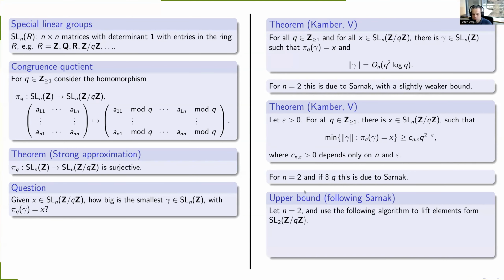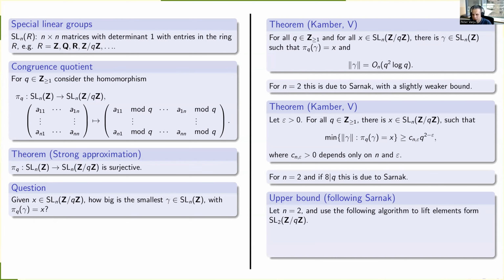Okay, so what I'm going to do in this talk is explain the proofs of these two results. And then after that, I will talk a little bit more about the context. So in particular, this question can be asked in any situation where the strong approximation theorem applies.